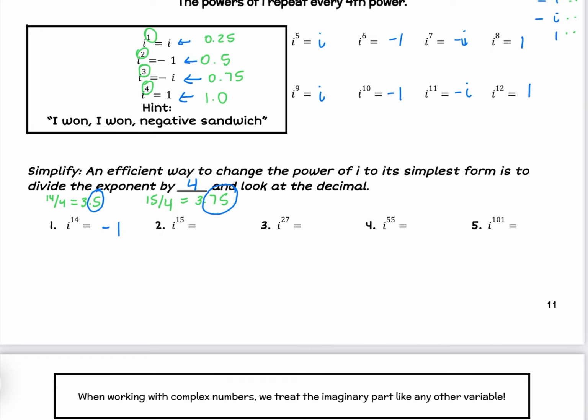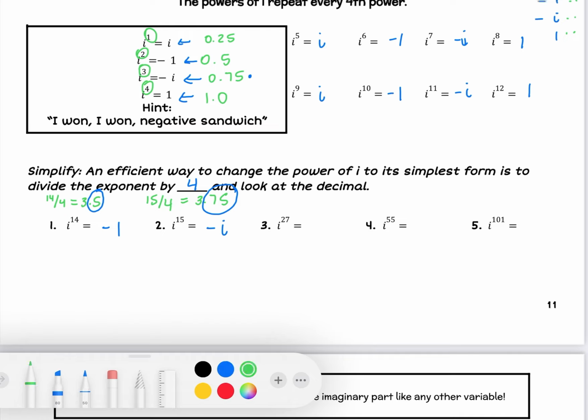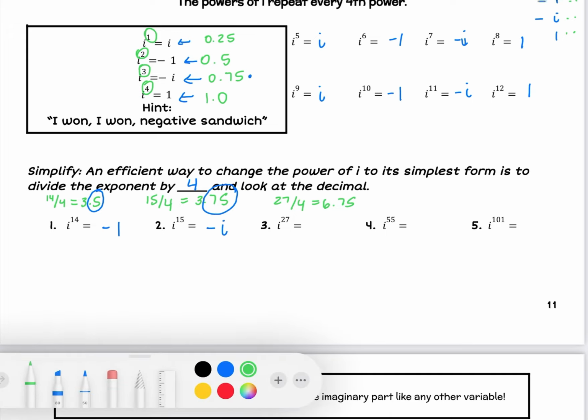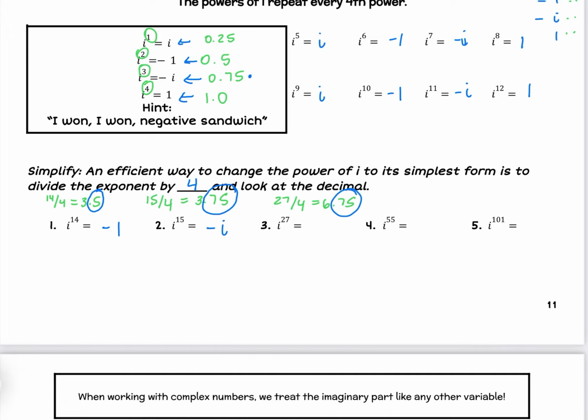Up on our table, 0.75 is negative I. All right, 27. 27 divided by 4 is 6.75. So we have 0.75 again. That means we just have negative I again.